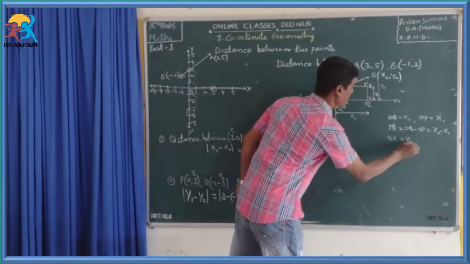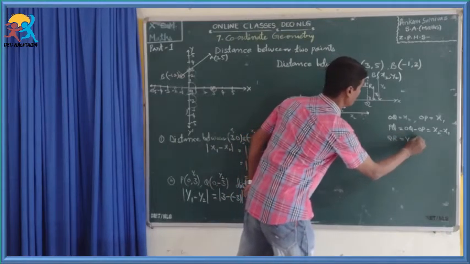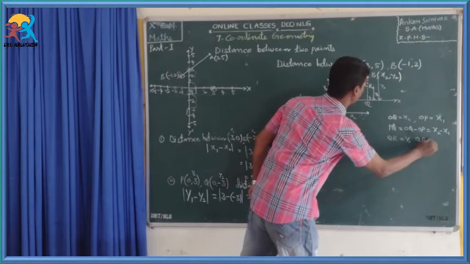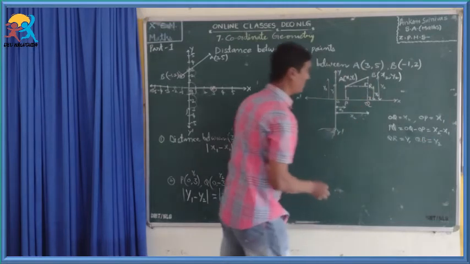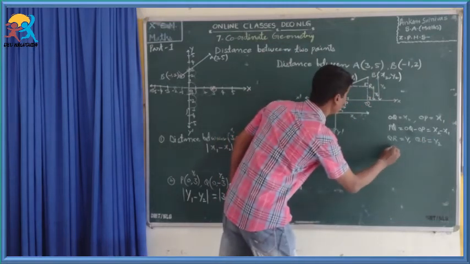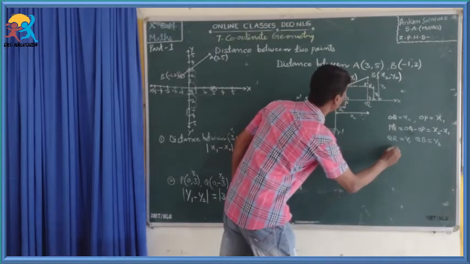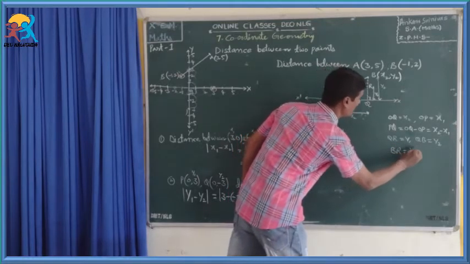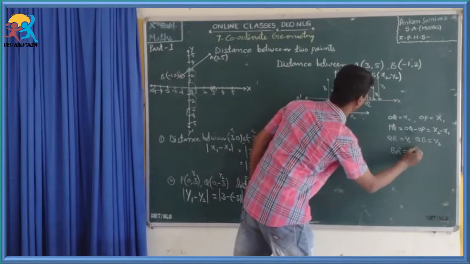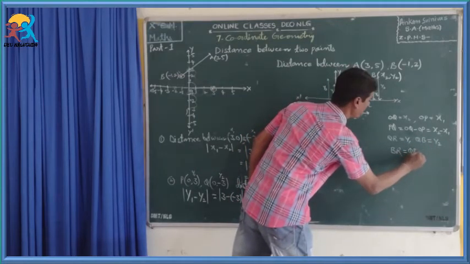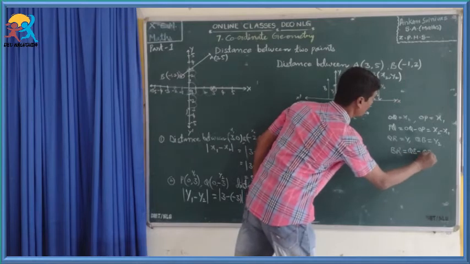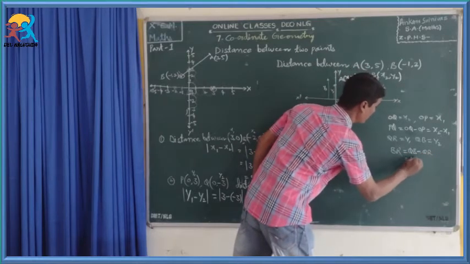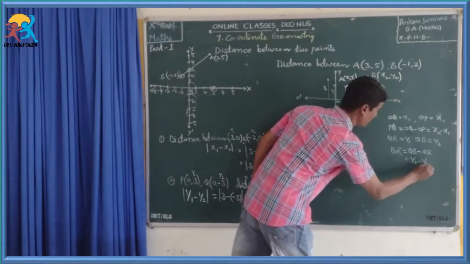QR equal to y1, QB equal to y2. We require BR. BR equal to QB minus QR, equal to y2 minus y1.